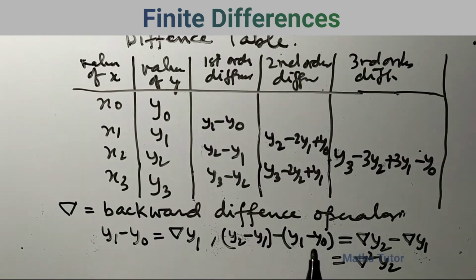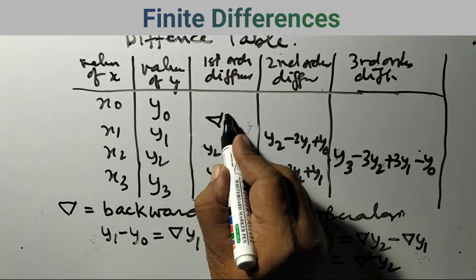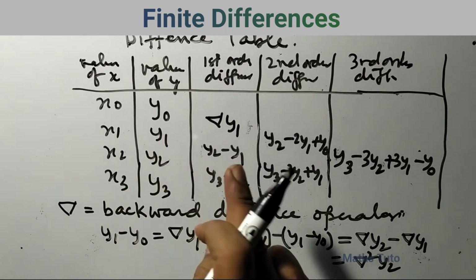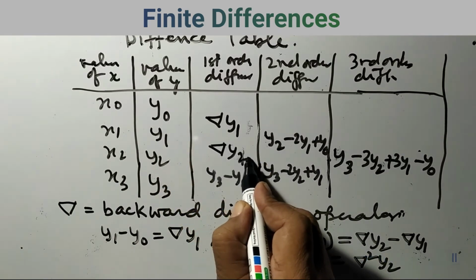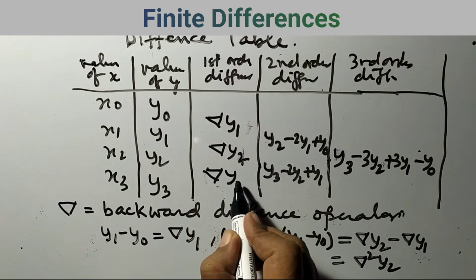So we can write here y1 minus y0 is del y1, so in this place we write del y1. y2 minus y1 is back of y2, so here we write del y2, and in this place del y3.